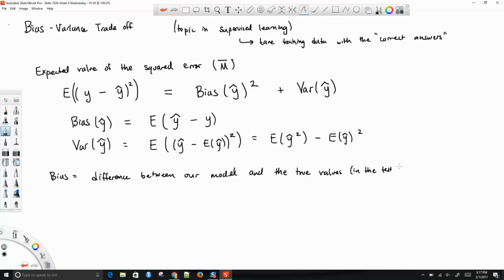We'll say an overly simplistic model will have a large bias, and we'll say it underfits our data.